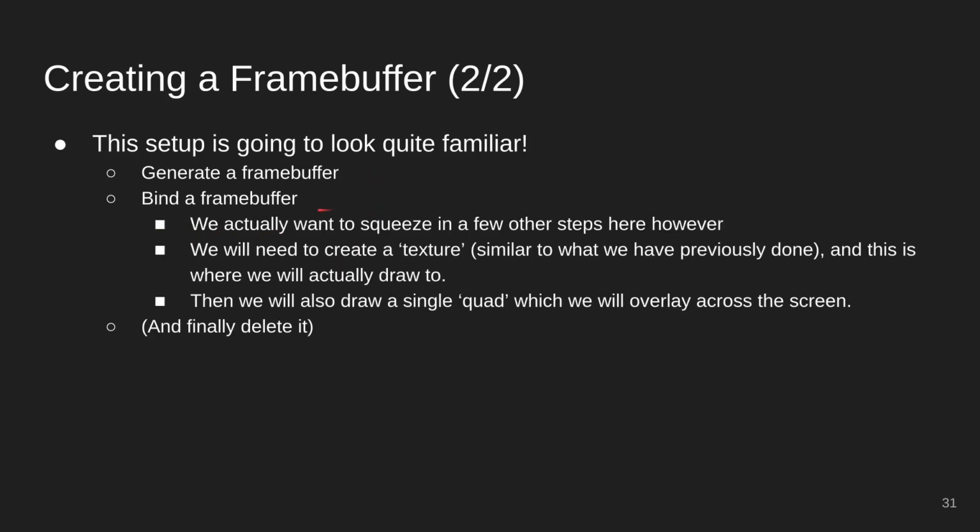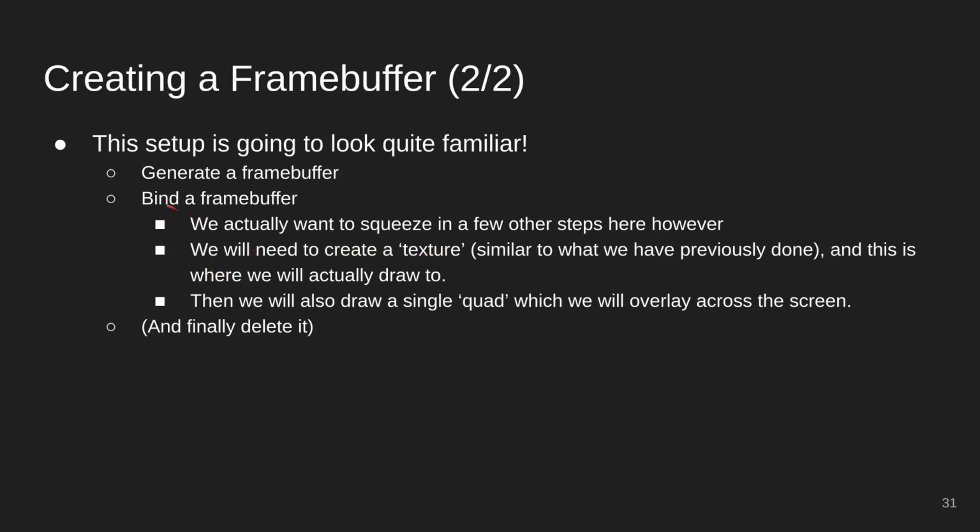Okay. But when we're binding to the frame buffer, we're going to squeeze in a few other steps here that are new, because we need to actually create a texture. Instead of what we did with our vertex buffer object, generating vertex information, with buffers that we had to fill up, this time we need to actually fill a texture with some information.